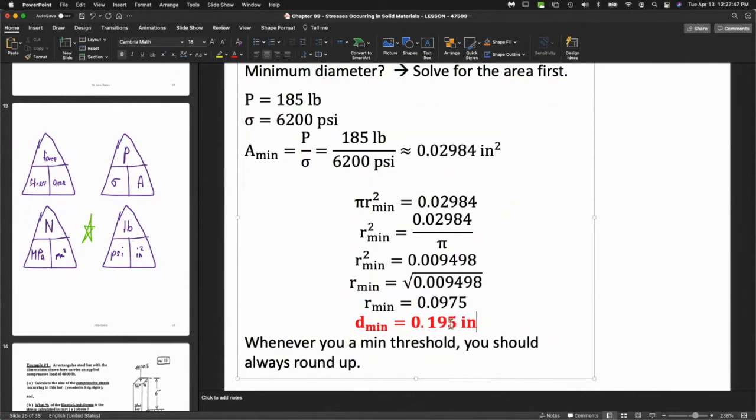But I assure you that if you get a number, like for example, 0.1941 or 0.1942 or 0.1943, etc., all of these numbers on your calculator screen, even though the first 3 digits I've written would round to 0.194 under regular rounding rules, when you're talking about a minimum quantity, you want to round up.